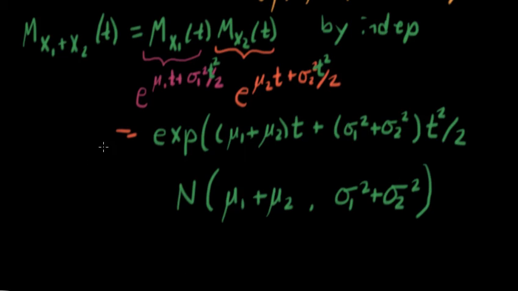And in fact, we know that any moment generating function that is this is the moment generating function of a random variable with this distribution. So we have proved what we set out to show.